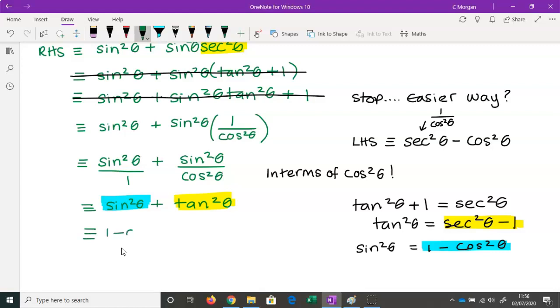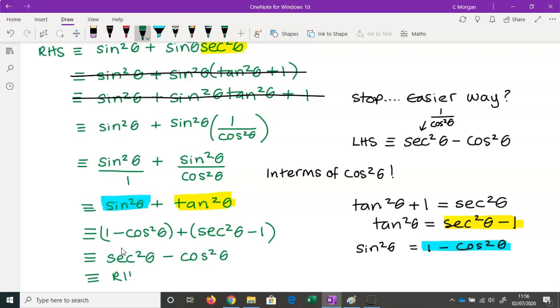So I've got 1 minus cos squared theta, that's sine squared theta, add sec squared theta minus 1. And if I simplify that expression, I've got sec squared theta minus cos squared theta. I do believe that was the same as the left-hand side. I have now shown that that is true.